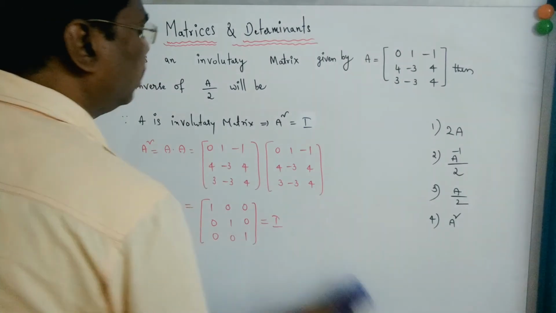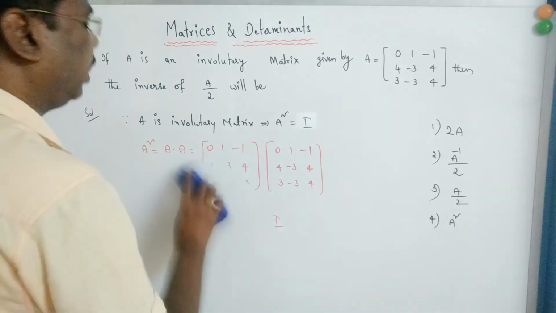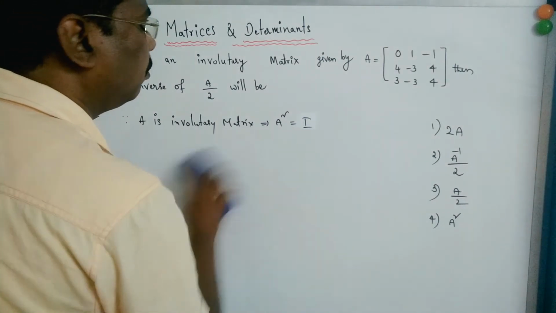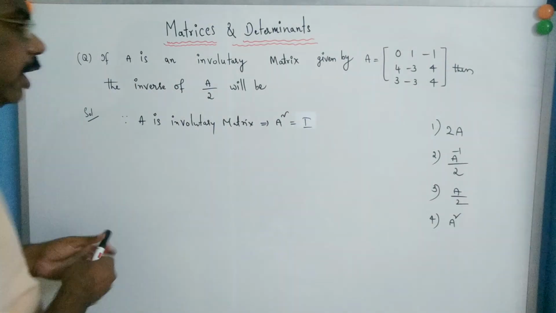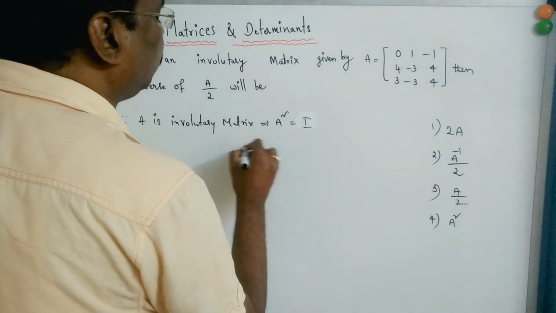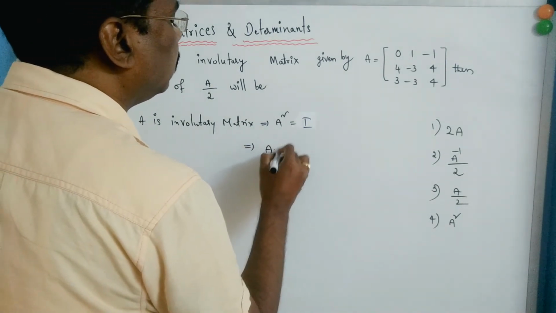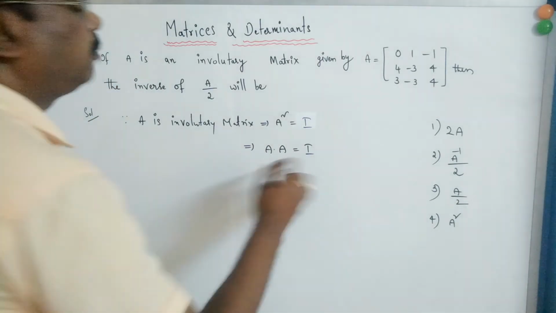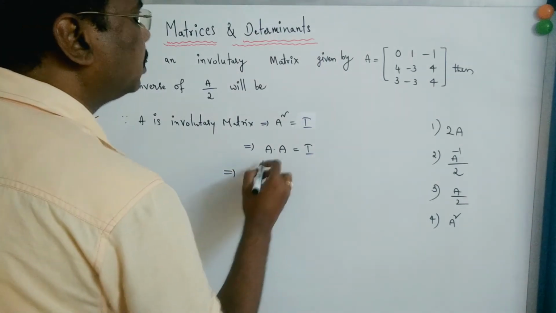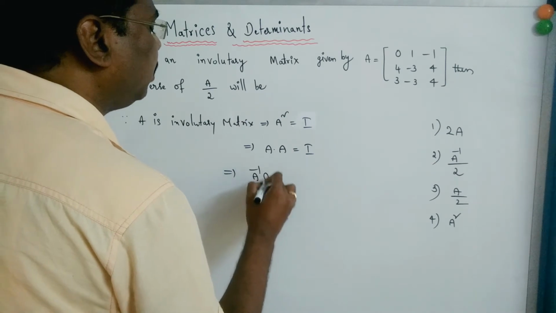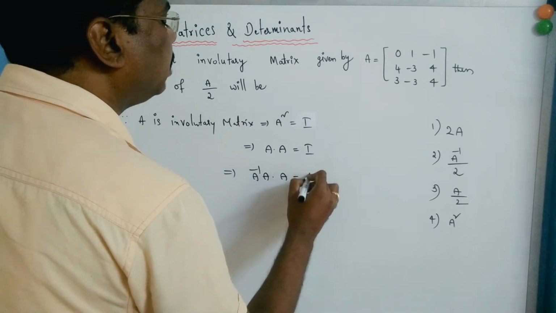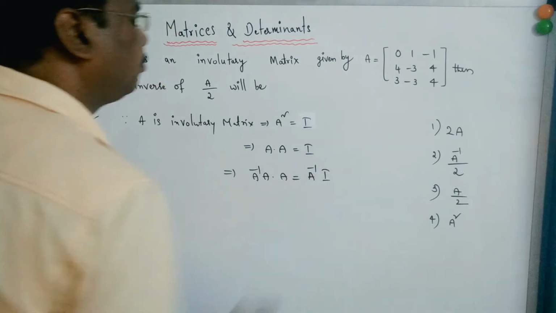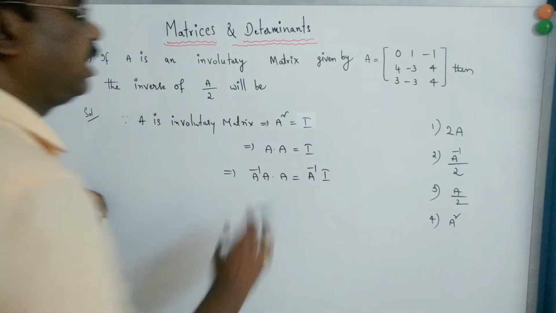Okay, now here A square can be written as A into A is equal to I. Now both sides multiply with A inverse. Okay, now A inverse into A is equal to A inverse into I. Now A is an invertible matrix.